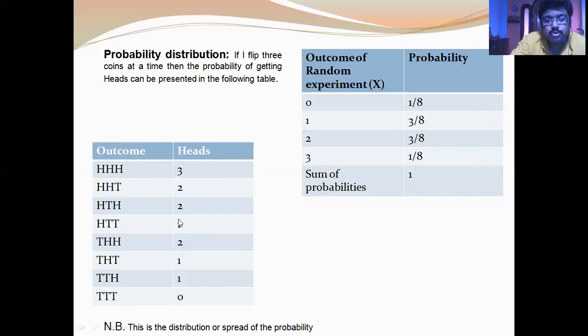Head, tail, tail, it is 1. Tail, head, head, it is 2. Tail, head, tail, it is 1. Tail, tail, head, it is 1. And tail, tail, tail, it is 0. So here the number of outcomes is 8: 1, 2, 3, 4, 5, 6, 7, 8.